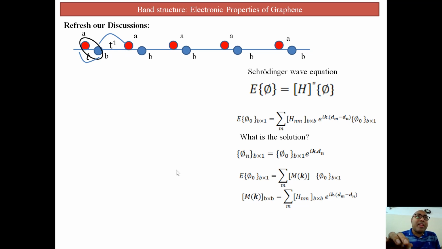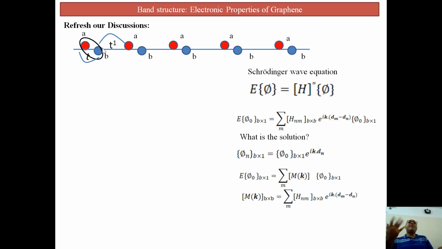And then we have marked a unit cell. Now the question is, how many basis functions are there here? Suppose each atom has one basis function, then how many atoms are there in the unit cell? 2 atoms. So that means each unit cell has 2 basis functions.